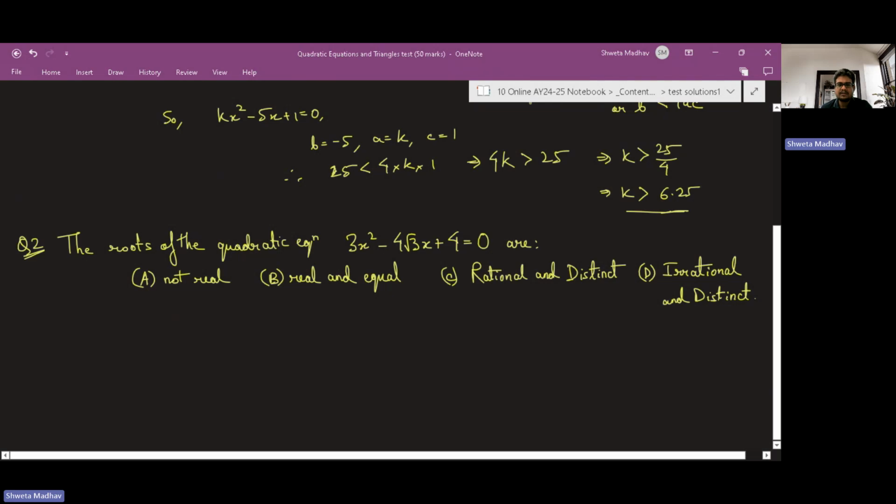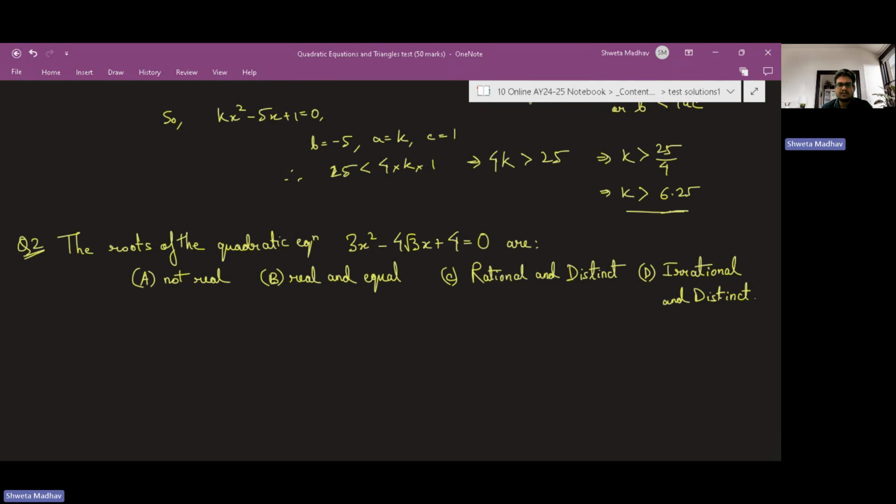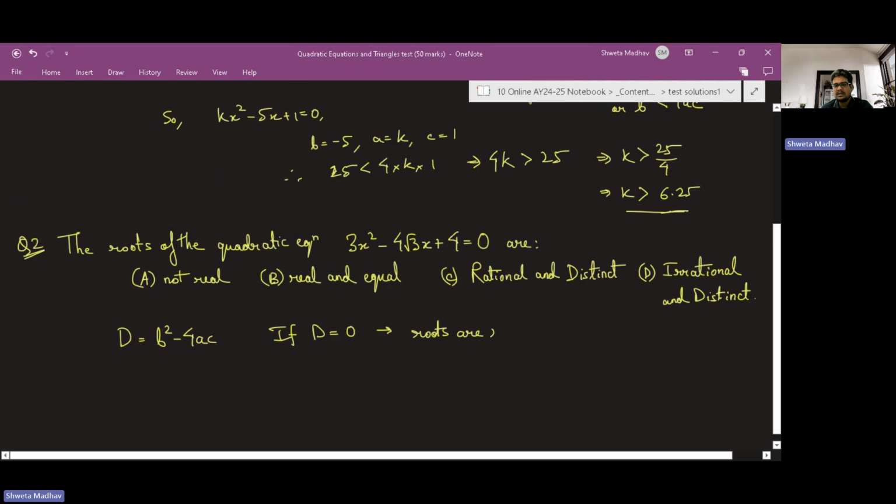So we have to find the nature of the roots. So we have to find the value of the discriminant. The discriminant is given as b square minus 4ac. If b square minus 4ac is less than 0, then the roots are not real. The rule is that if d is equal to 0, then the roots are real and equal.